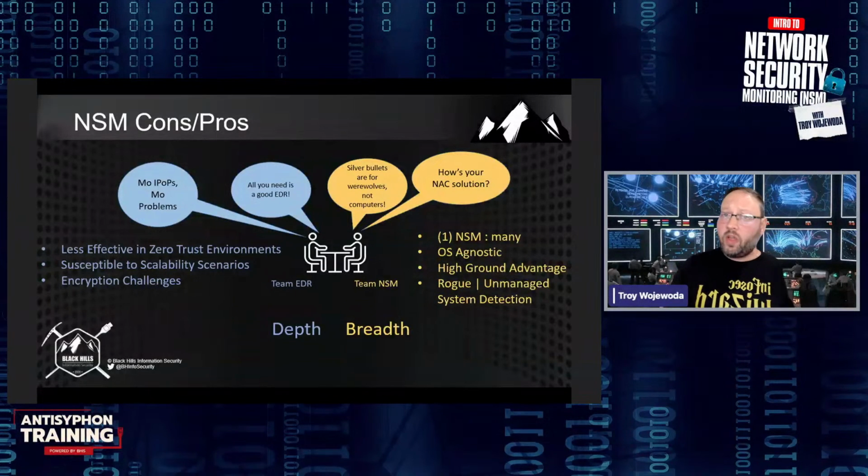The other part that's really attractive for network security monitoring is that the operating systems involved with the network communications don't really matter from a network security monitoring perspective. The beauty about network traffic is it has to be agnostic to the operating system. It has to be ubiquitous.